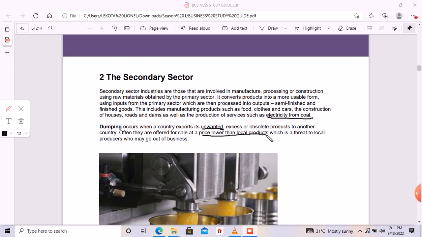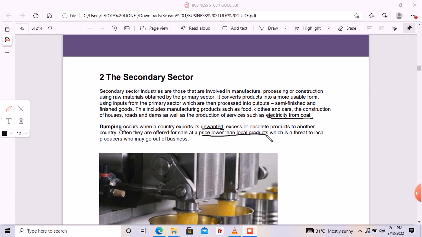One thing that you must understand here about dumping is that this happens when the country exports its unwanted, excess, or obsolete products to another country, and then often they are offered for sale at a price lower than the local products.